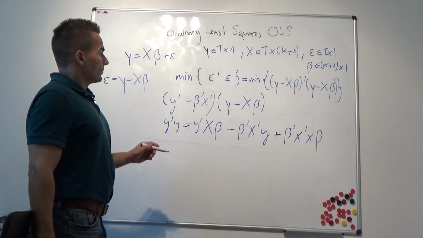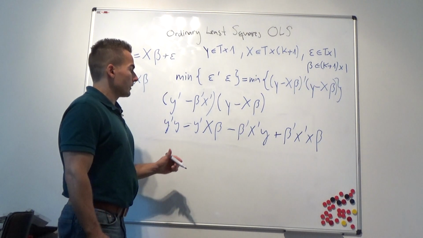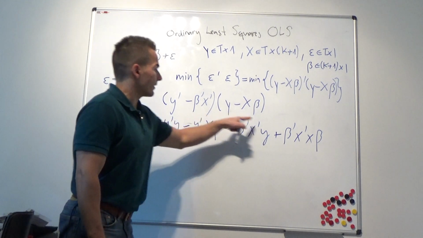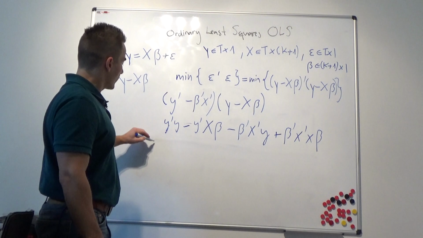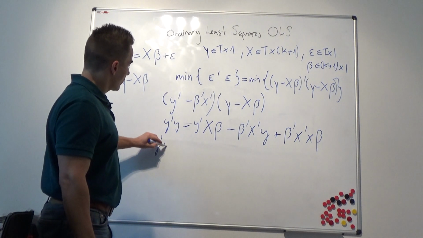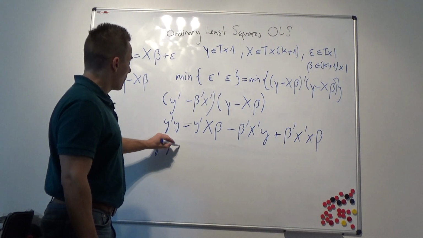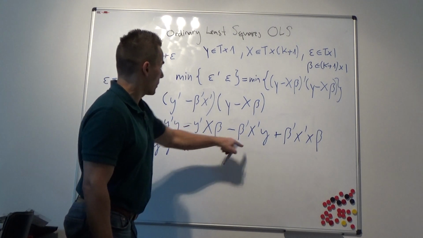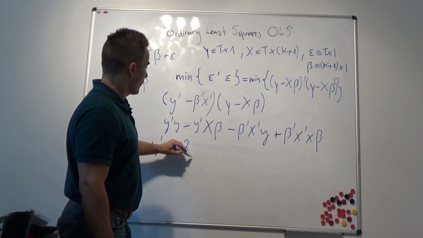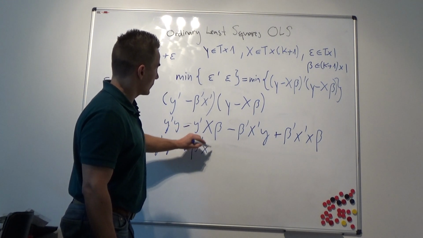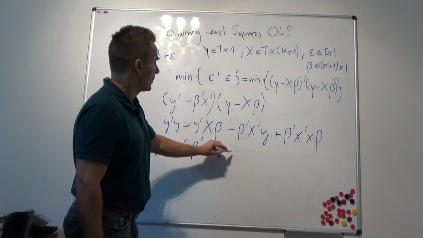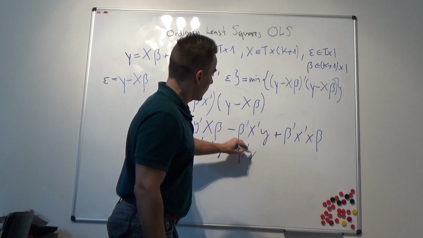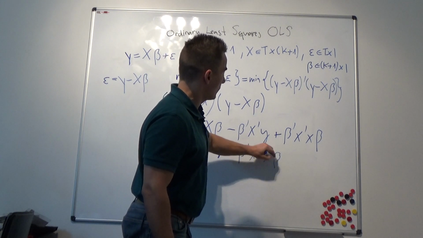So what else can we do? We can simplify this expression a little bit, because this is a scalar and this is a scalar, so this is the same number here. So we can rewrite it like y transposed y, so this remains the same, minus 2 times, and we take this expression here, 2 times beta transposed X transposed y, plus this guy here, beta transposed X transposed X times beta.